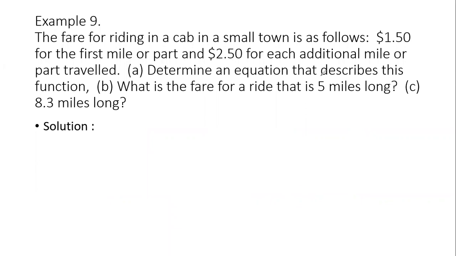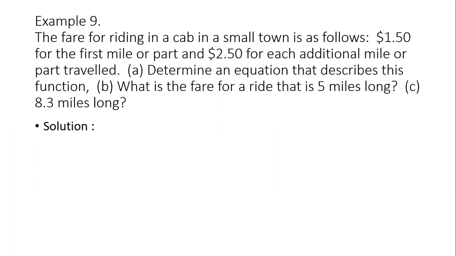Okay, let's do this example. The fare for riding a cab in a small town is as follows: $1.50 for the first mile or part, and $2.50 for each additional mile or part.